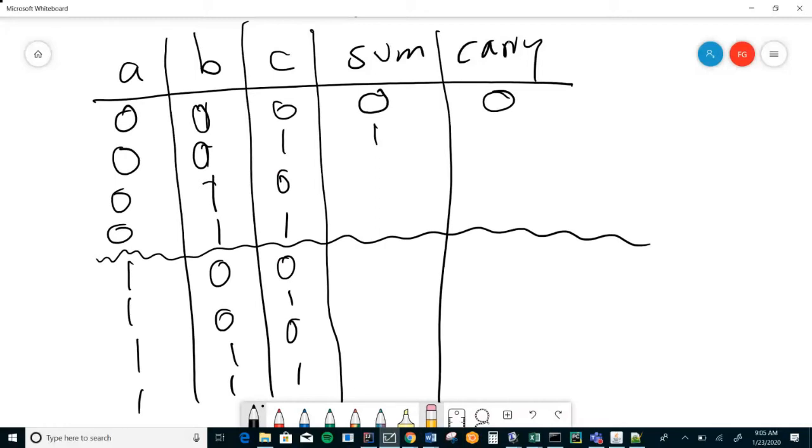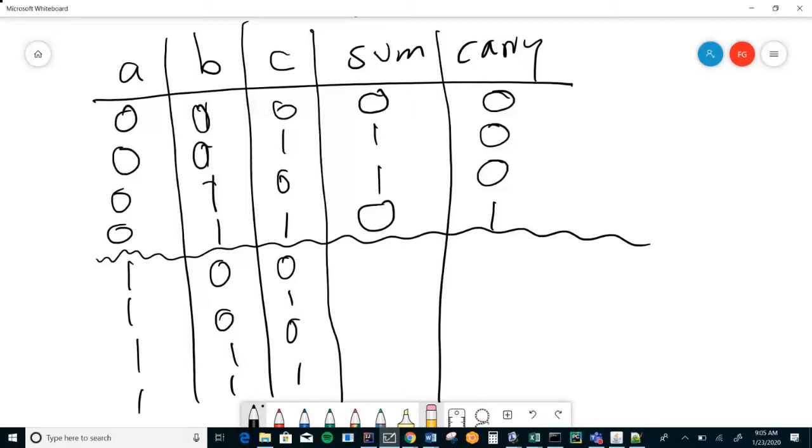What's my carry? 0, 1, 0. 1 and 0, 1, 1. What's my sum? 0. And what's my carry? So notice that at this point, all we've really done is reproduce the half adder. Why is that? It's because there was never really a meaningful third input. So that's okay. That's okay. So now things get a little more interesting.